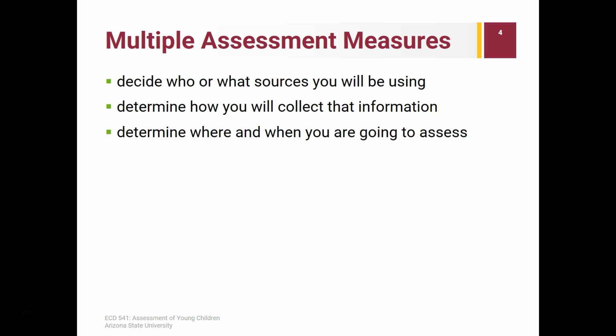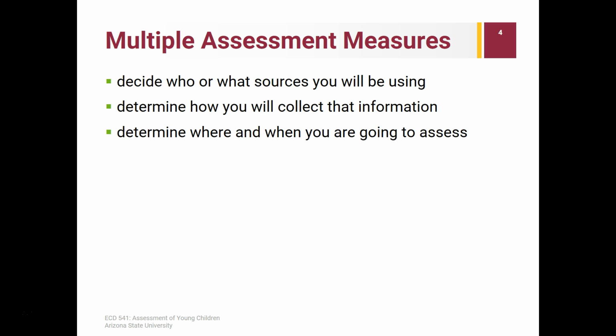When assessing a student, you will need to make decisions on how you will collect the information and in what situations. First, you should decide who or what sources you will be using. This can include teachers, parents, records, or even other children in the classroom. You also must determine how you will collect that information. Will you conduct a formal observation using anecdotal notes, interview others, use past assessments, or use student work products that will provide you with needed information?